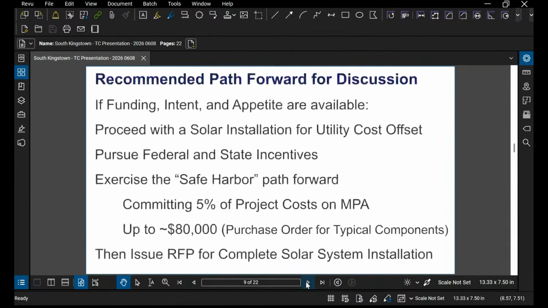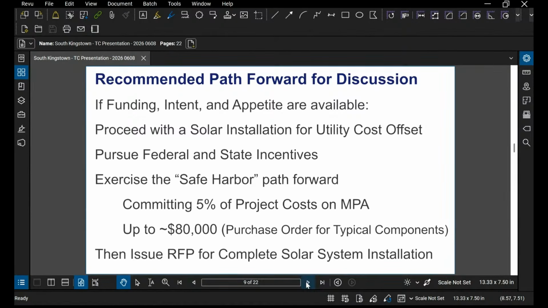So we are coming with a recommendation. If there is funding and an appetite to do this, we would recommend proceeding with a solar installation project, at the very least to offset the utility costs and to obviously pursue the federal and state incentives, which means we would be suggesting that you exercise the safe harbor path forward, which is a commitment of 5% of the project costs.